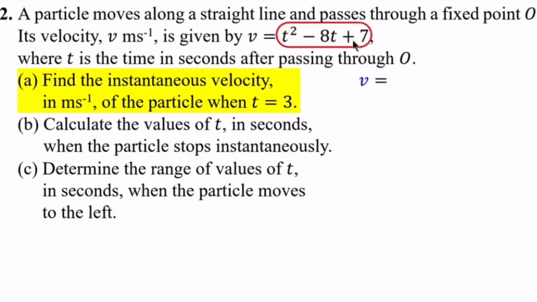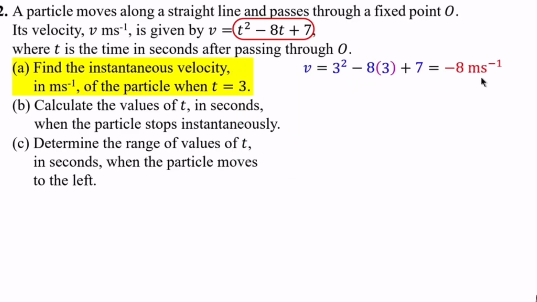So we just substitute t equal to 3 to find the v, and the v is 3 squared minus 8 times 3 plus 7. So we will get the answer which is negative 8 meter per second. Okay, the first question is just substitute. So the instantaneous velocity is negative 8 meter per second.